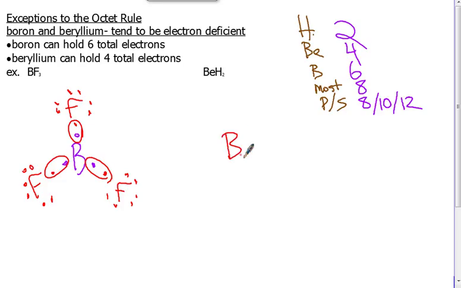BeH2, beryllium to hydrogen to hydrogen. What shape does that look like it might be? Say again? That looks like a rectangle? Did you say rectangle? Okay. We have 3 things connected and they're straight.